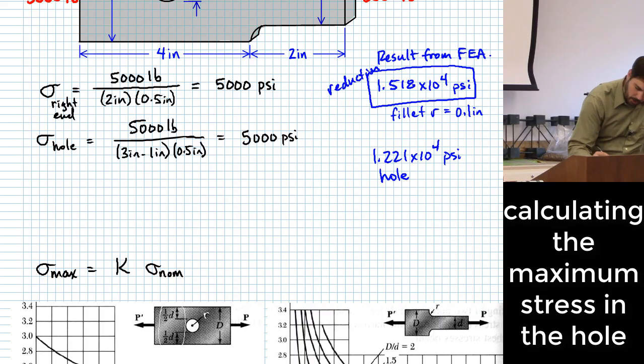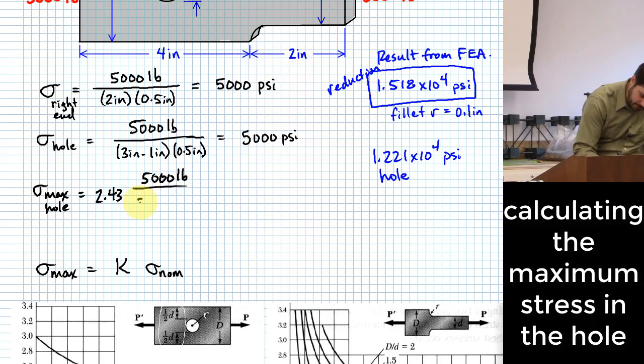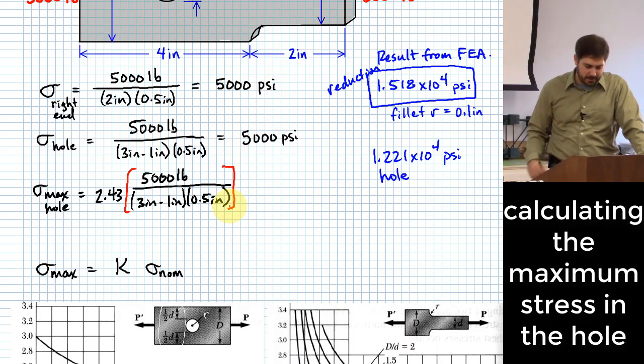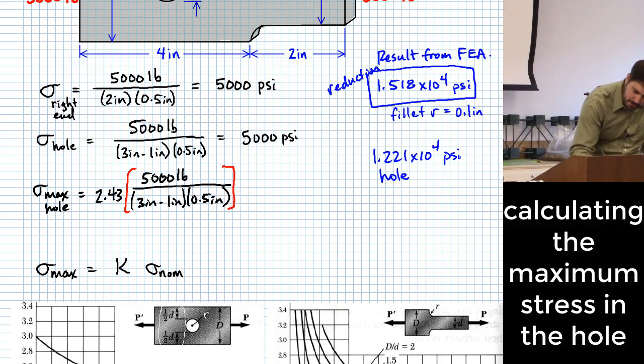All we're going to do is take that K factor of 2.43 and multiply it by what we just calculated a second ago, right? 5,000 pounds over 3 inches minus 1 inch times 0.5 inches. All the stuff in the red brackets right here is the nominal stress, and I'm multiplying it by my stress concentration factor in order to come up with what this actual maximum is, right?